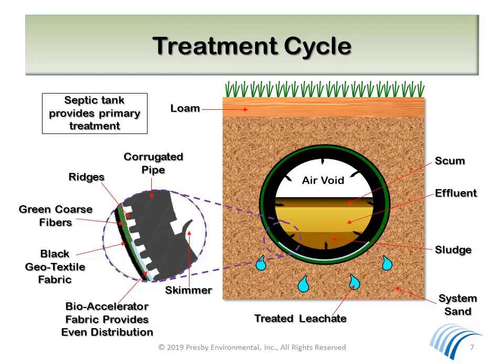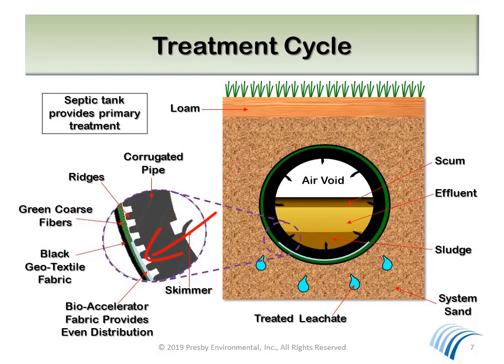Let's continue. As warm effluent enters the pipe, it begins the treatment process. Skimmers, which protrude into the pipe, capture and retain solids, keeping them from exiting the pipe and clogging the outer layers.